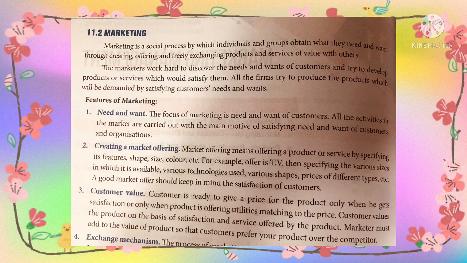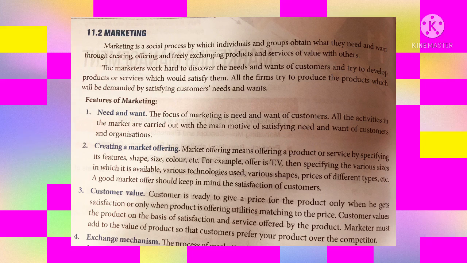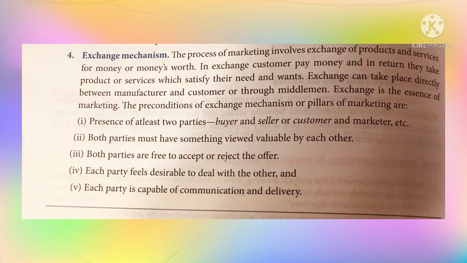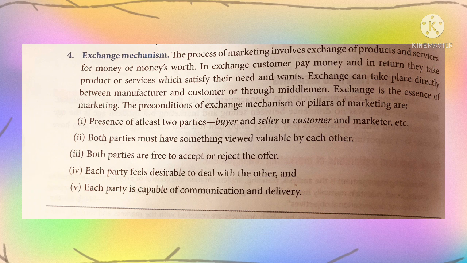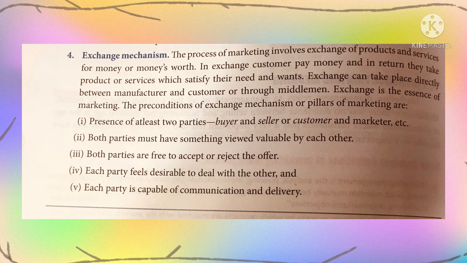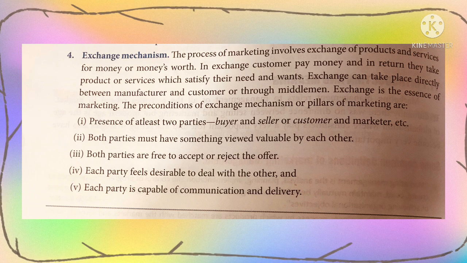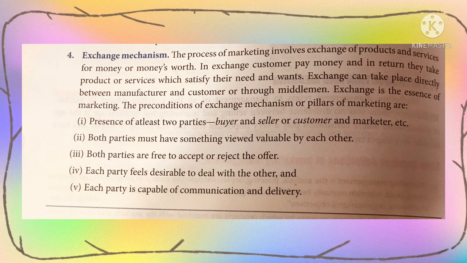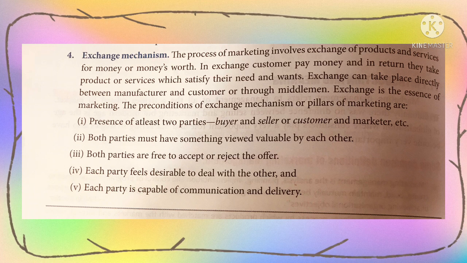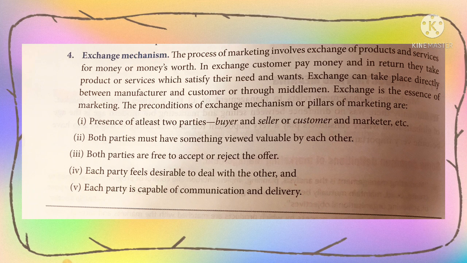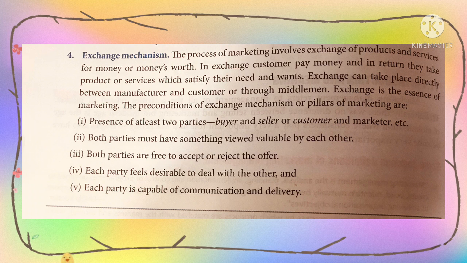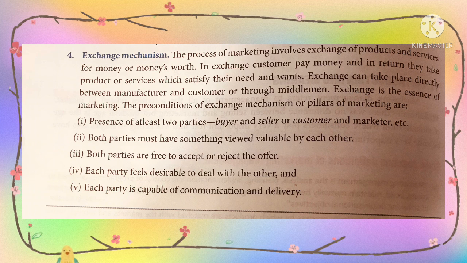So it should be worth giving the price. And the fourth one is exchange mechanism. Exchange mechanism means exchange of goods for a price. Let me tell you, look at it very carefully. The process of marketing involves exchanging products and services for money or money's worth.